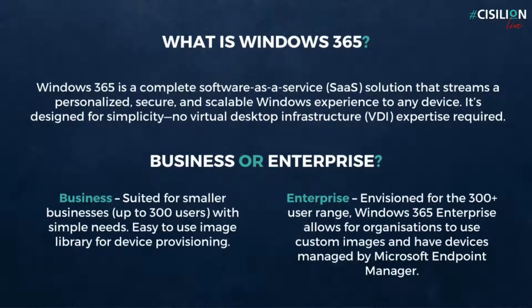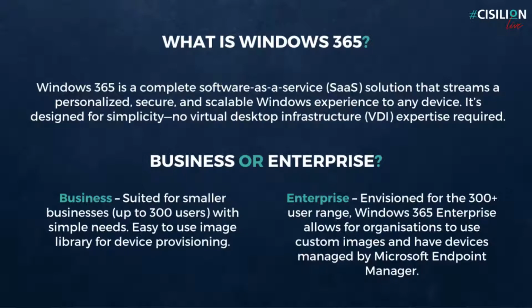You're getting your users up and running even quicker. On the enterprise side of things, that's for the 300 plus users, and that also comes with the image gallery. But not only that, you can also upload and use custom images. So if you've got an existing VDI deployment where you're utilizing a golden image, you can upload that image to Windows 365 and use that.